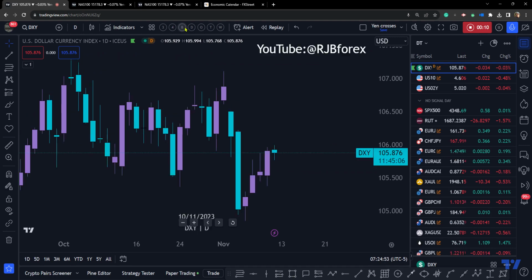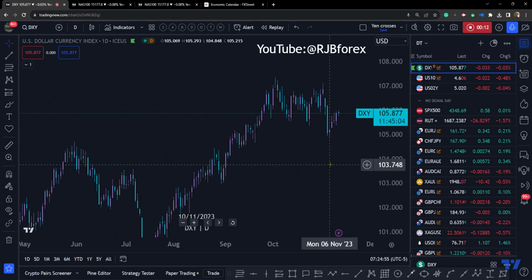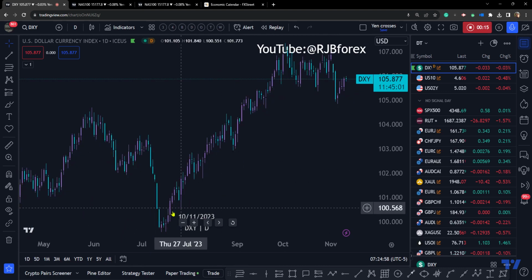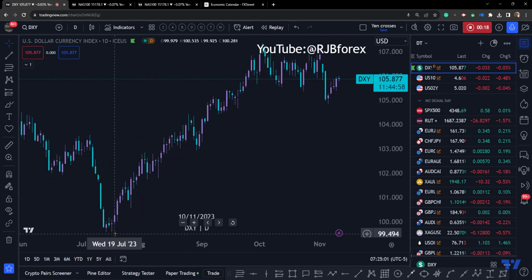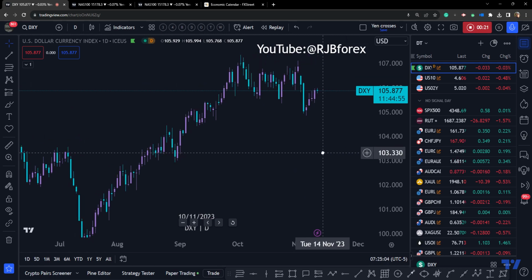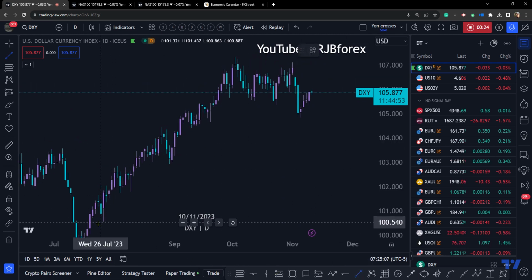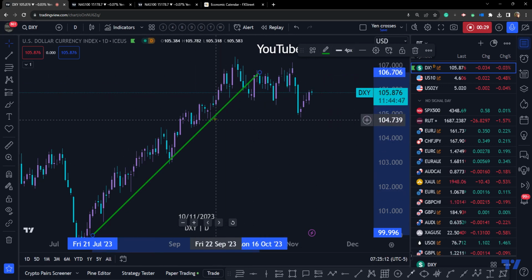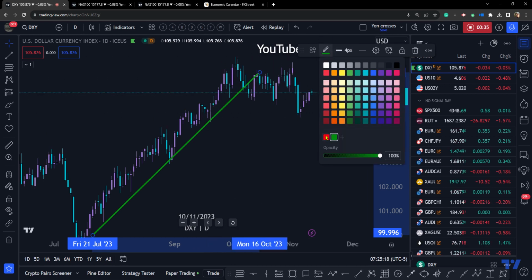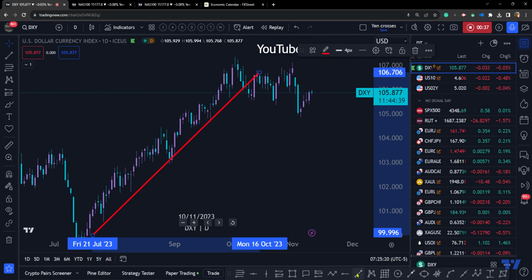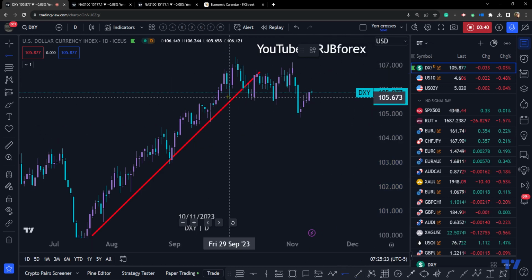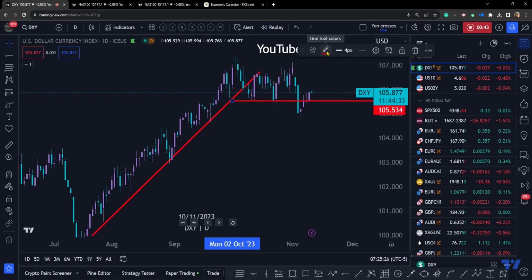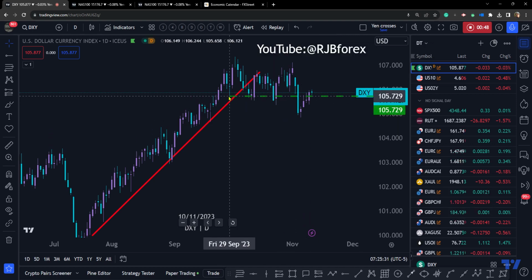First and foremost, as those that have been following me for a while, we've been talking about this long term uptrend that started mid summer, and we've been talking about the prospects of this market slowing down, and we are in a situation whereby we are technically in a bearish scenario, given that we broke the structural point right here, and we're currently using that as a bit of a support. But essentially, we've broken that level.